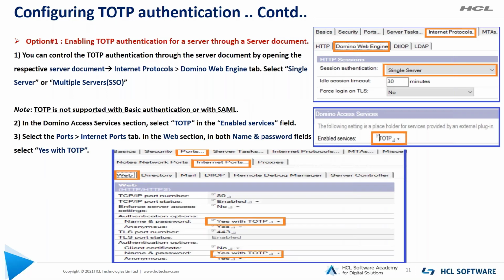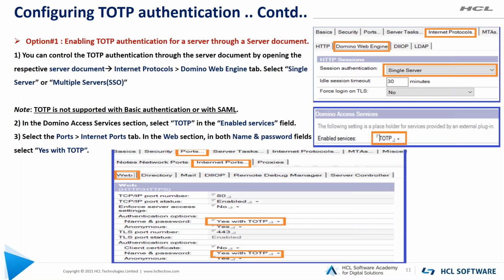If you are controlling web authentication through a server document, enable TOTP on the server document. To do this, open the respective server document, go to the Internet Protocol Domino Web Engine tab. In the session authentication field, select either single server or multiple server. An important thing to note here is that TOTP is not supported for basic and SAML type of authentication.